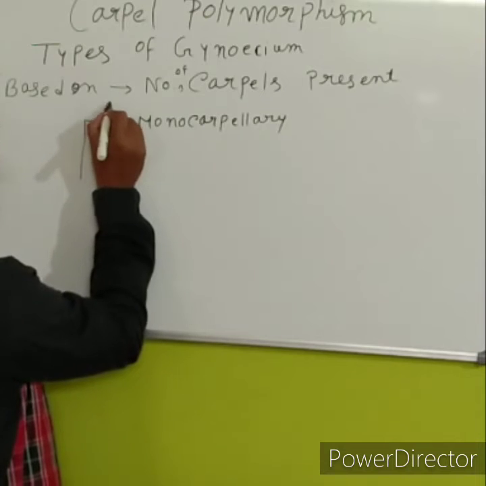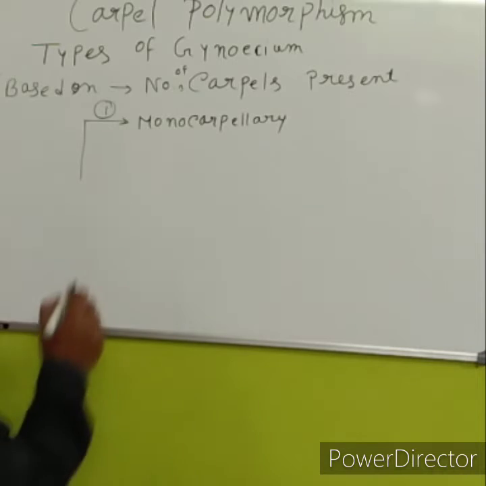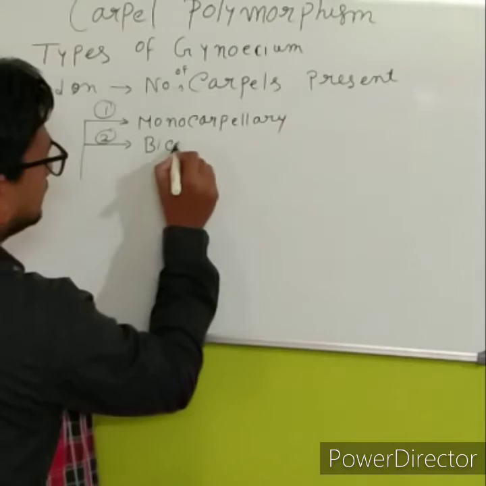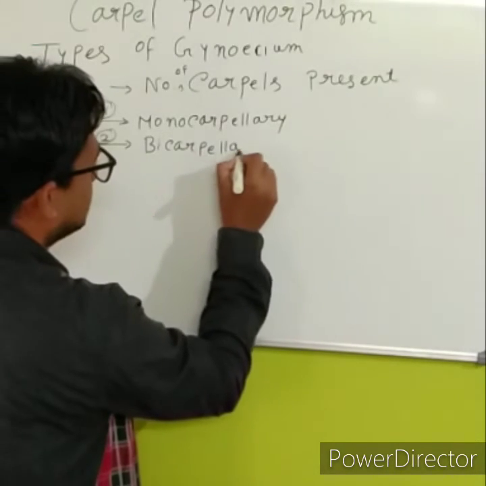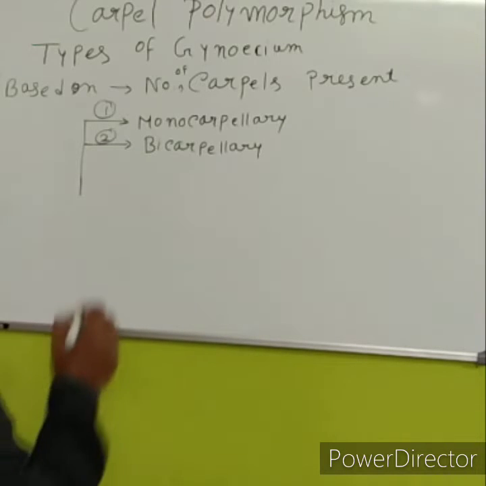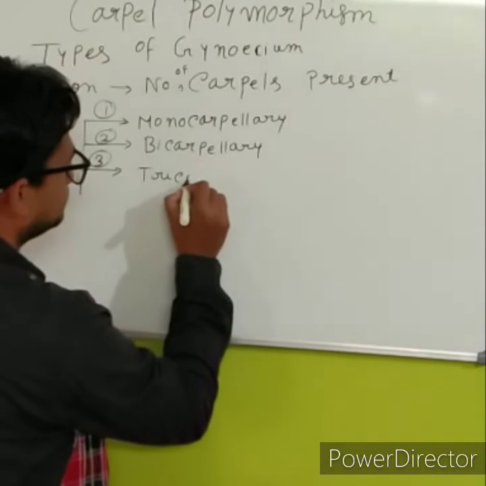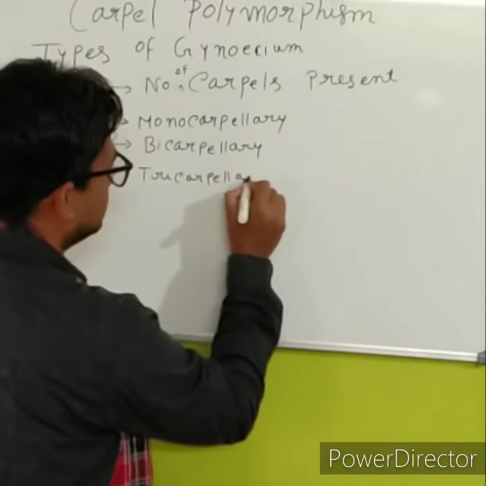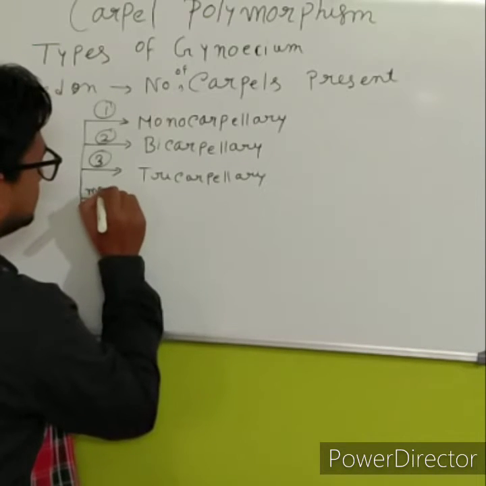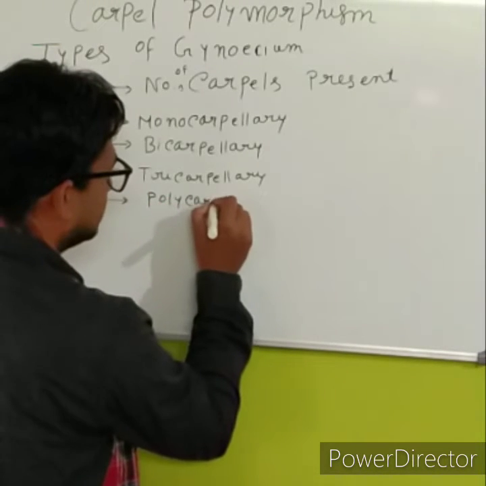when there is only one carpel present in the gynoecium, bicarpellary when the carpels are two in number, tricarpellary when it is three in number, and when more than three, then it is called polycarpellary condition.